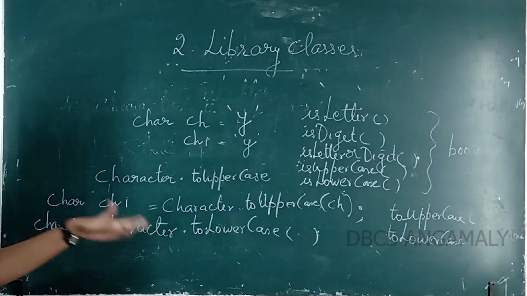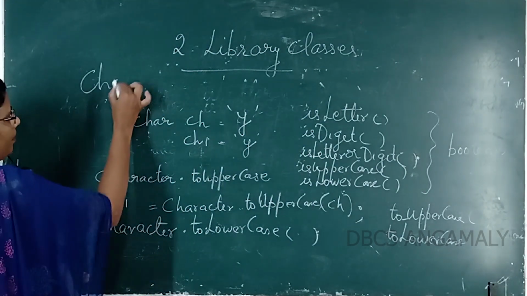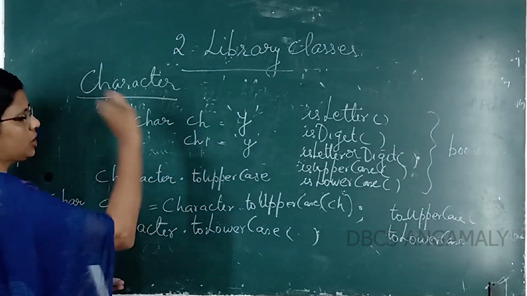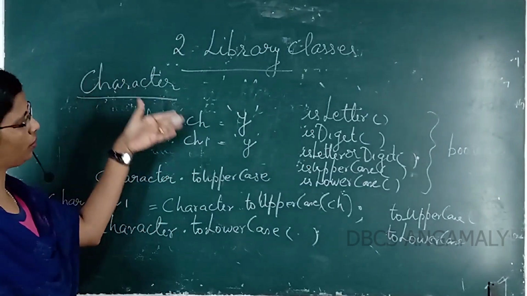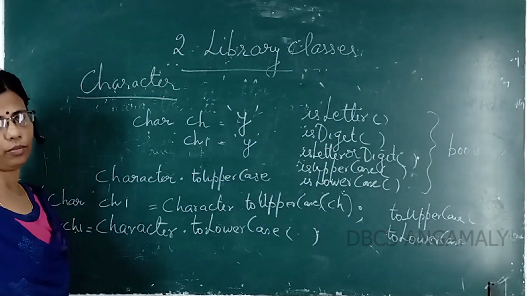So these are the different functions related to the Character wrapper class. This is very important because we will be using these functions in our coding in the coming part. And I shall show you how this works on the BlueJ platform also.